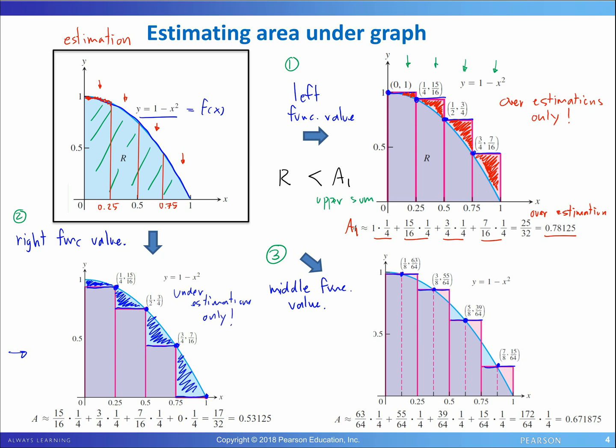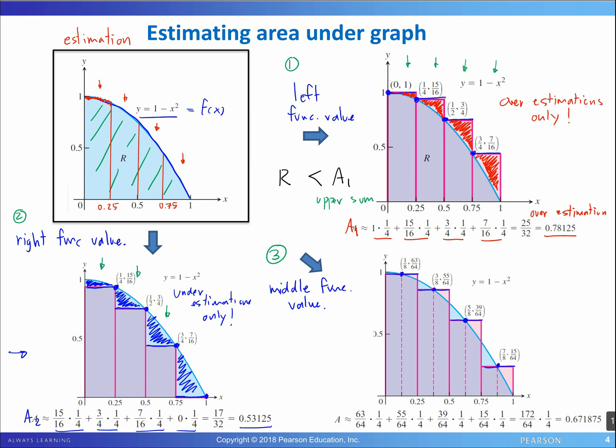And we can do the same thing down here. We can calculate the area of each rectangle in this option. Area of the first piece, second piece, third rectangle, last one. And the total from 4 rectangles we have 0.53125. Let's assign this value to A2, estimation from option 2. As you can see, all the rectangles are smaller than the actual region. This one is smaller, same thing here.